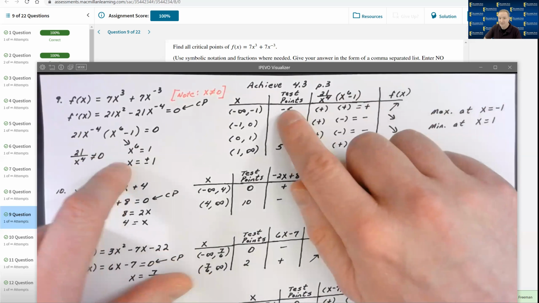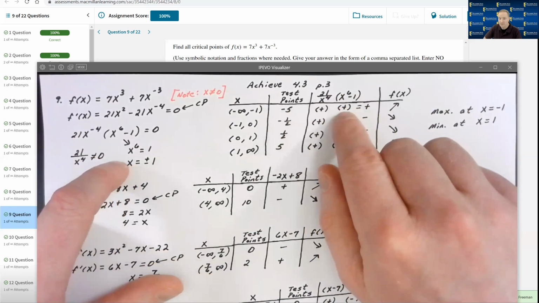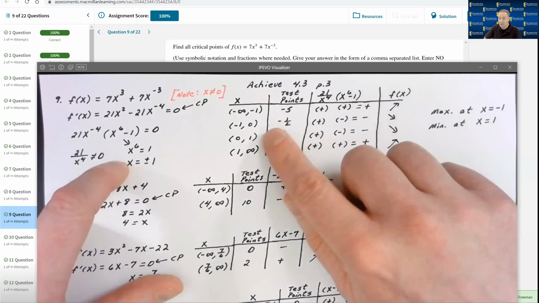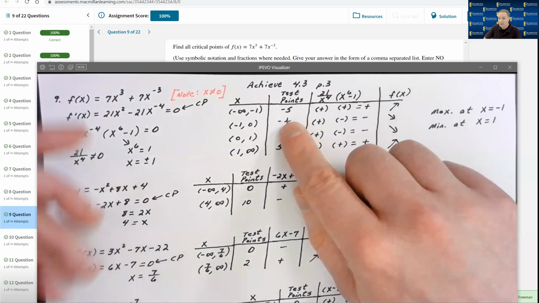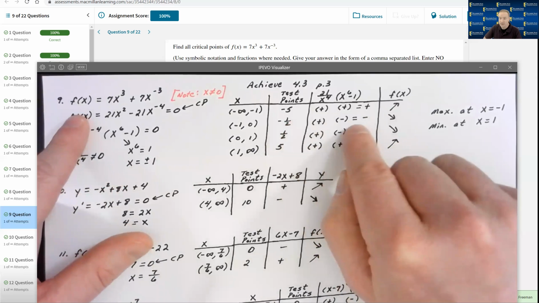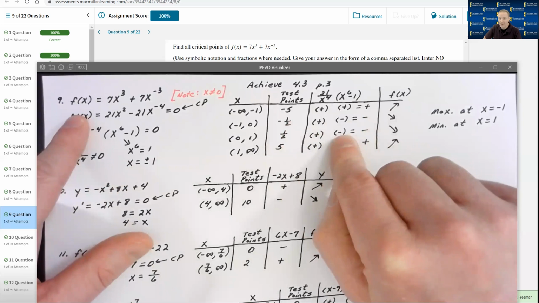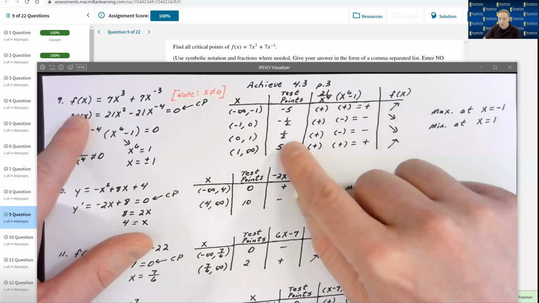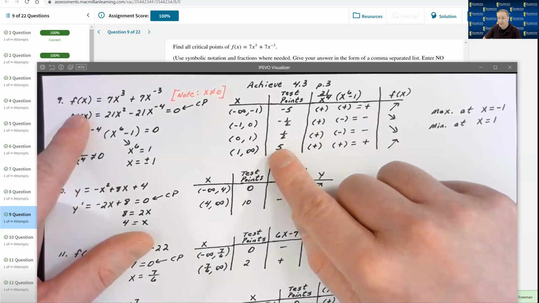If you plug a negative 5 into the second one, you're going to get a positive. If you plug a negative 1/2 into the second one, you're going to get a negative, because you'd have 1 over 64 minus 1. And then when you plug a 1/2 in, same thing, you're going to get a negative because that 1/2 to the sixth power is tiny. When you plug in a 5, again, you're going to get a positive.